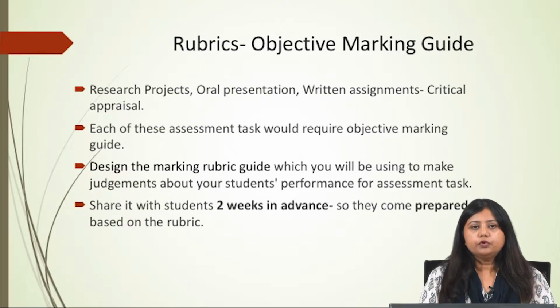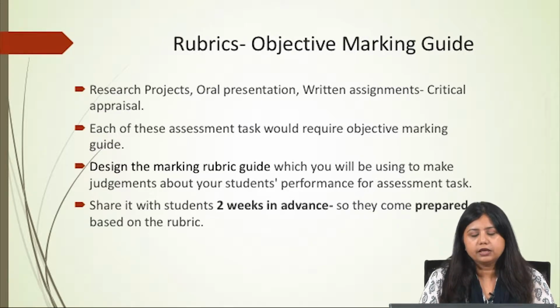So in terms of rubrics, now with all of these assessment tasks, given examples such as research projects or oral presentation or written assignments or critical appraisal, none of these marking would be an objective marking, which means if you compare these assessment tasks with fill in the blanks, match the following or multiple choice questions, those sort of assessment tasks have a very clear objective way of marking.